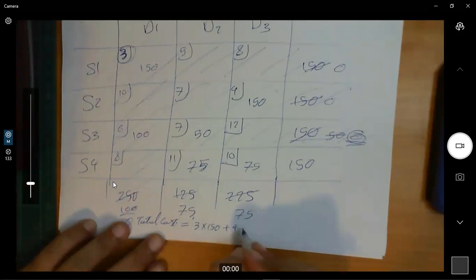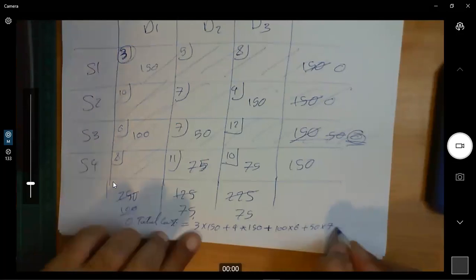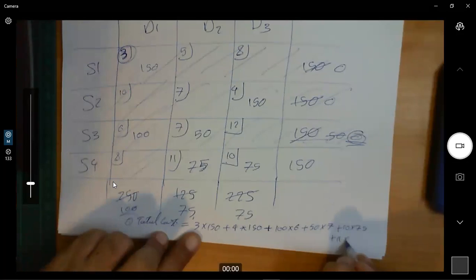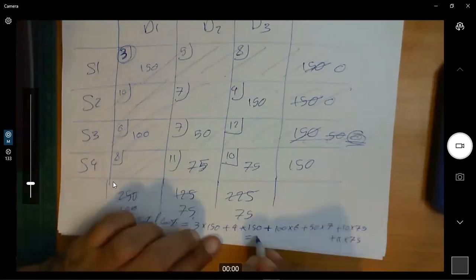Plus 4 multiply 150 plus 100 multiply 6 plus 50 multiply 7 plus 10 multiply 75 plus 11 multiply 75 equals 3,575. How much? 3,575.